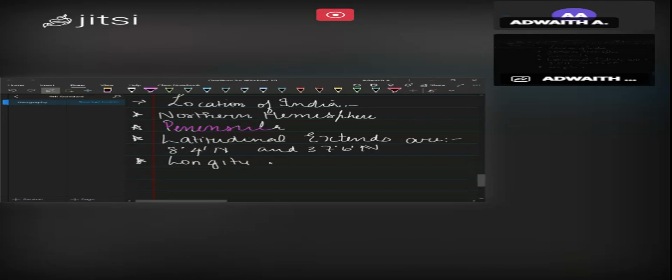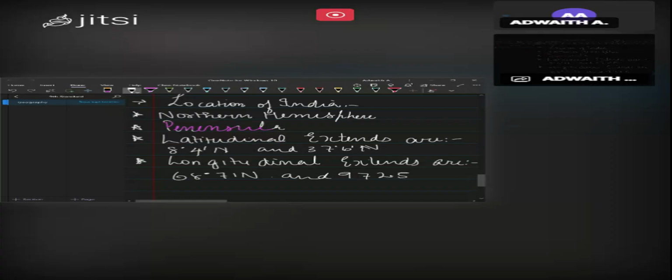And longitudinal extents are 68 degrees 7 minutes, and 97 degrees 25 minutes. This is easy. I always remember 97 25, the only four-digit number. Okay, I made a mistake.